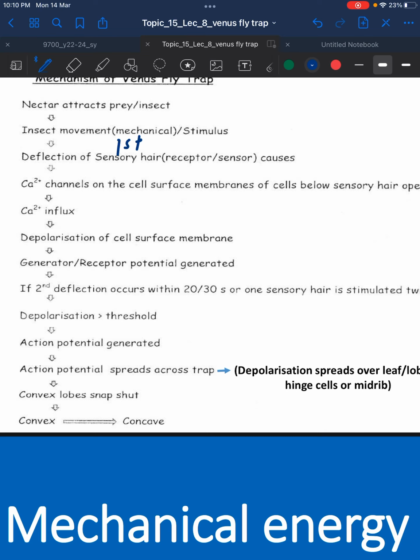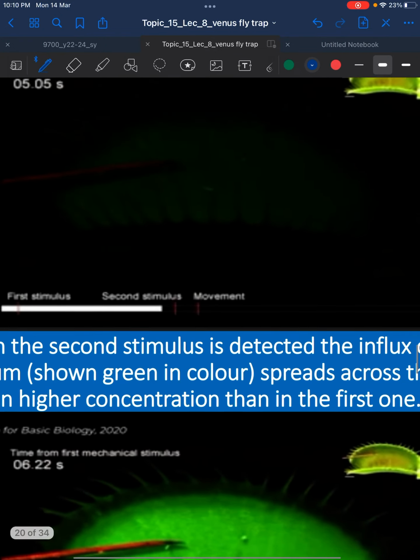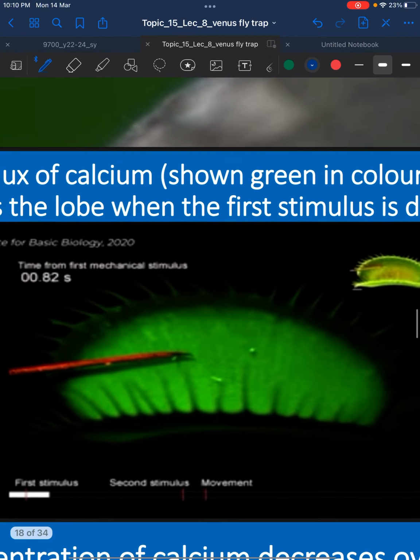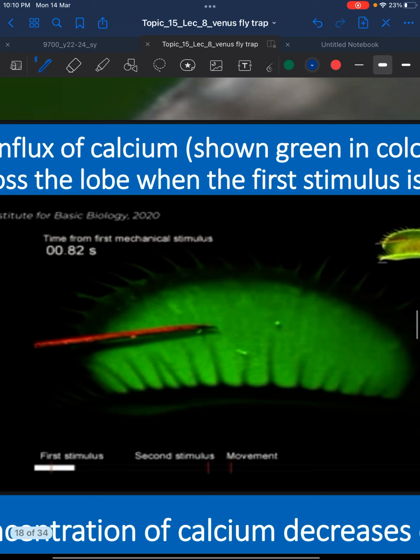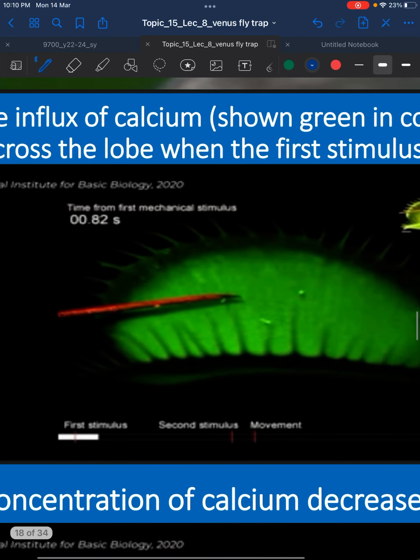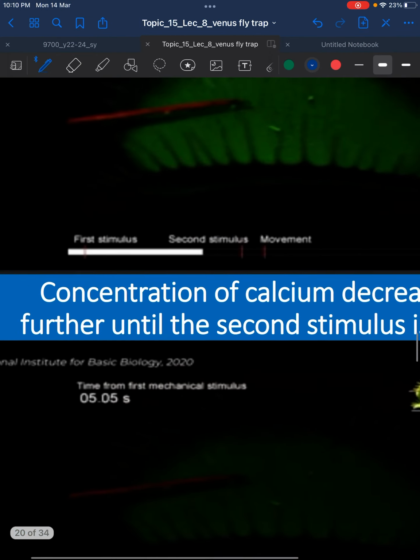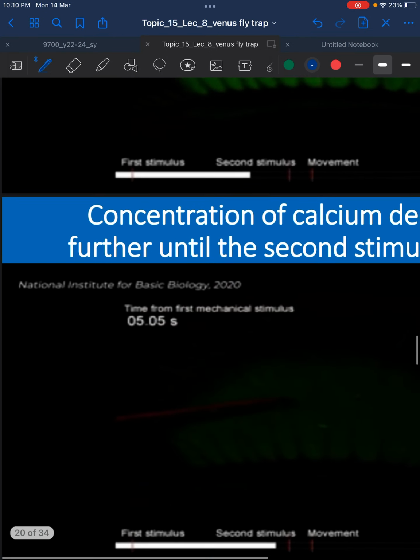Depolarization means there is some movement of ions, like what I mean by depolarization here, the influx of calcium. Like this one here, influx of calcium, but there is no action potential yet.